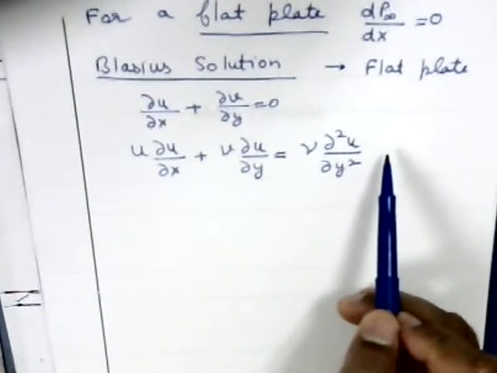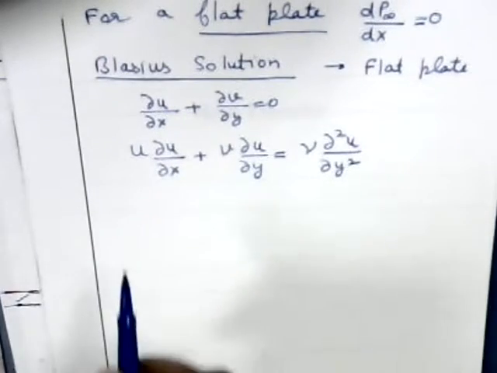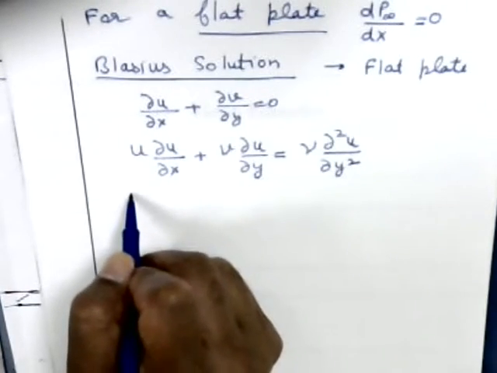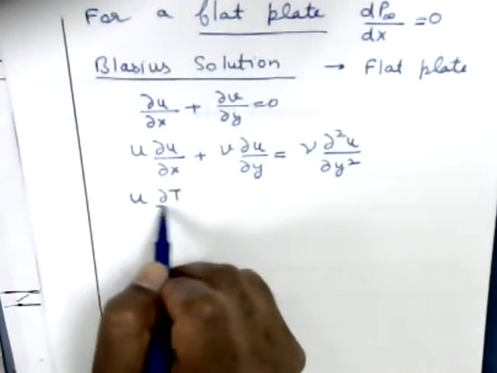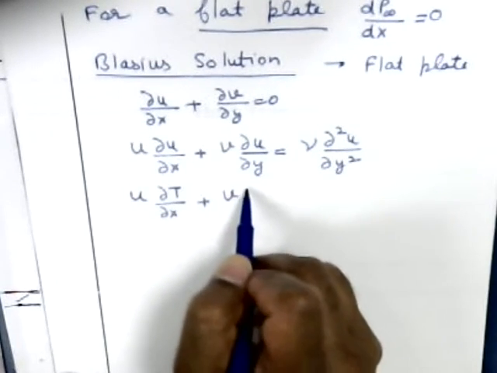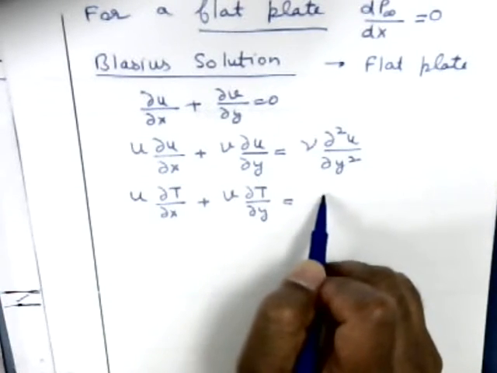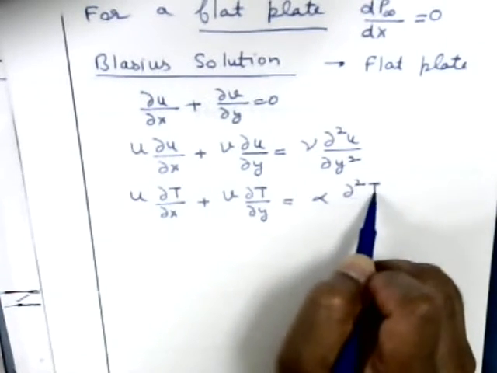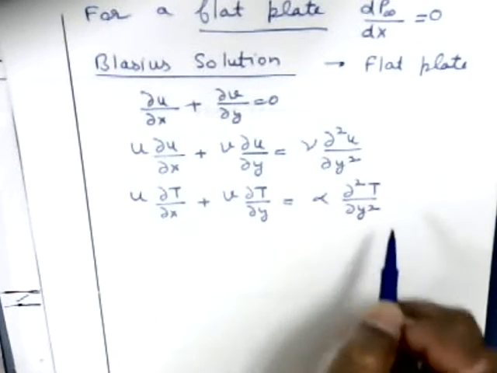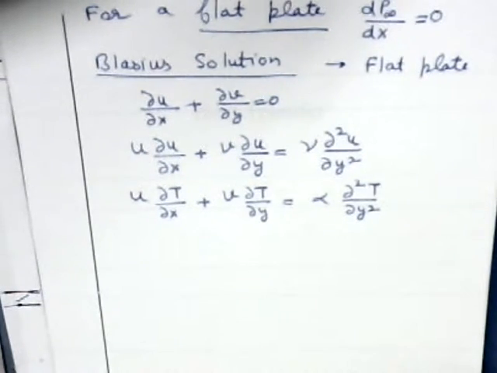And we have taken dp/dx as 0 because it's a flat plate. And the energy equation, u del T/del x plus v del T/del y equals alpha del square T over del y square. So these are the equations.